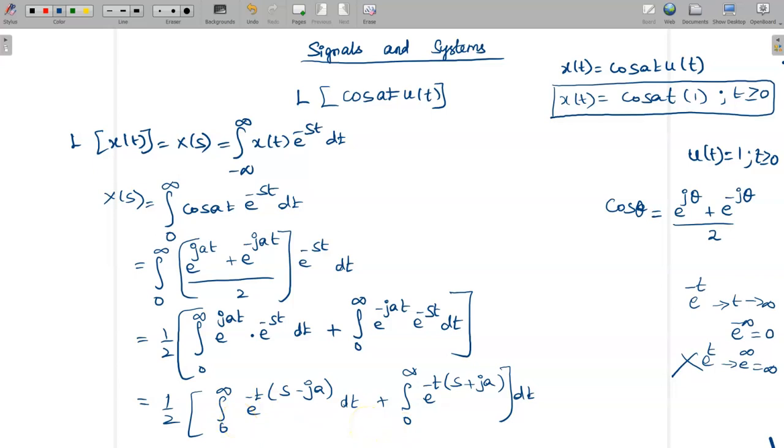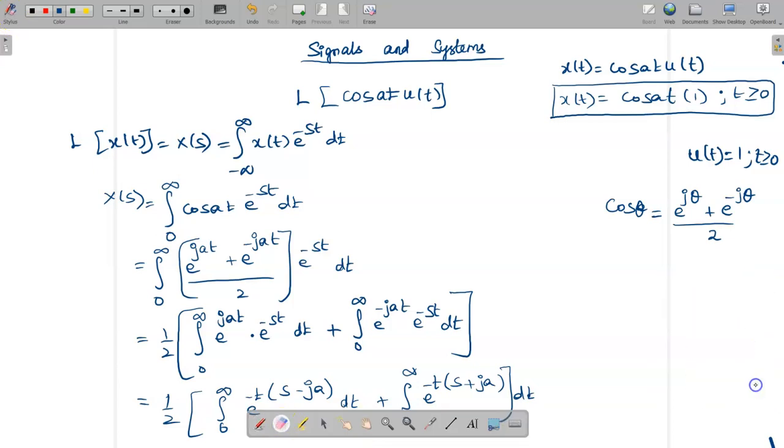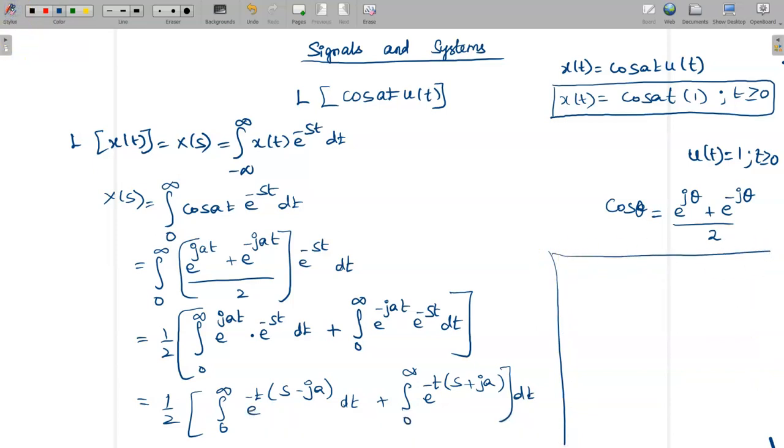So what is the integration formula? Let me write here itself. Which is equal to 1 by 2.